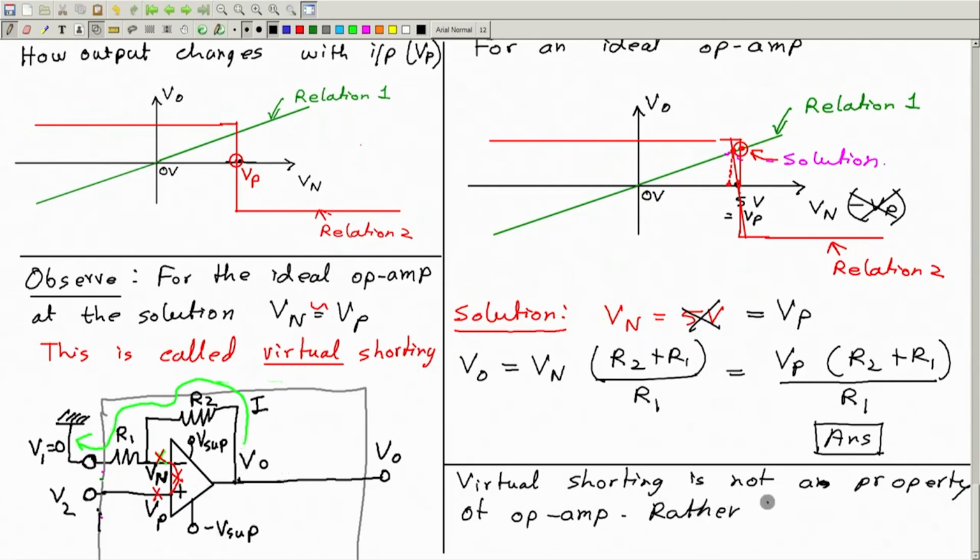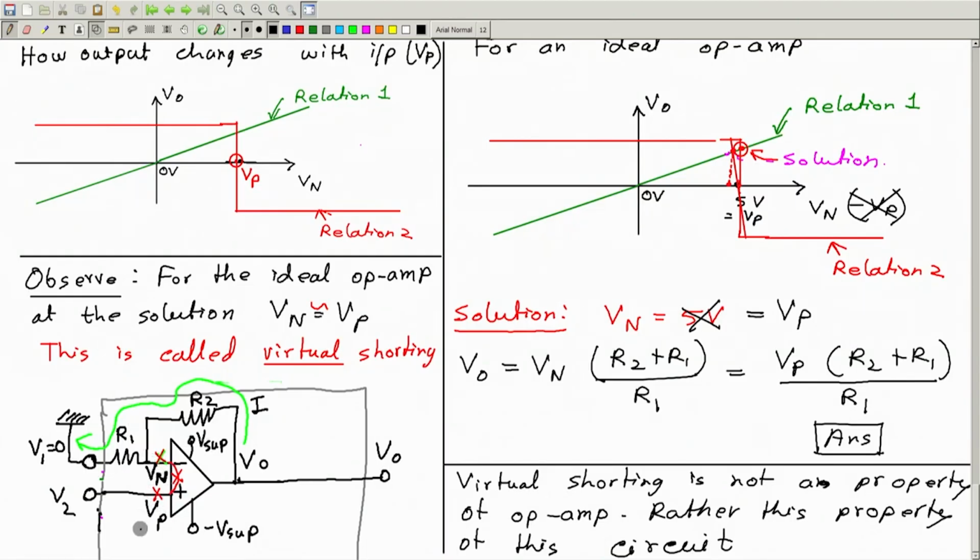So rather this is a property of this circuit, and it's also true for some other circuits, but in general it is not true for all circuits. It is only true for some circuits and not for the op amp alone. If you just have the op amp alone without all these connections, it's not that these two terminals are going to have the same potential.